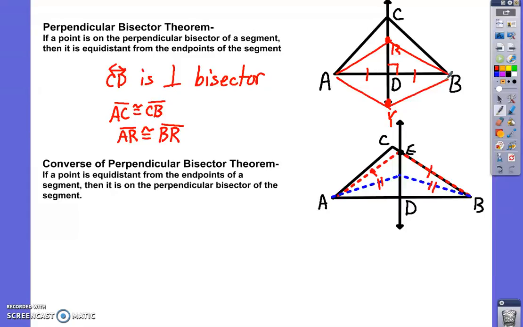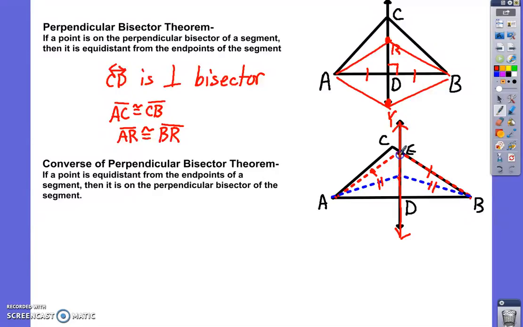Now, we also have a converse of that. Remember converse, you should have that in your notes already. It says if a point is equidistant from the endpoints of a segment, then it's on the perpendicular bisector. So that tells us that if the distance from a point on the line to each of the two endpoints of this segment is equal, then that line has to be a perpendicular bisector.